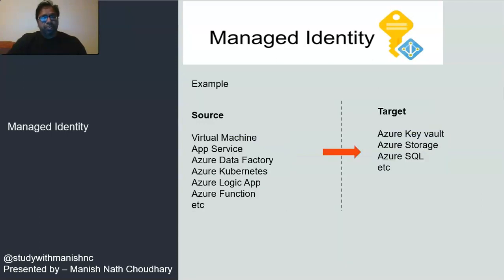Now we can see where generally we are using managed identity in real-time scenarios, like when we are creating a virtual machine or App Services, Azure Data Factory, Azure Kubernetes, Azure Logic App, Azure Function, or so many Azure resources which want to connect to other Azure resources like Azure Key Vault, Azure Storage, Azure SQL.